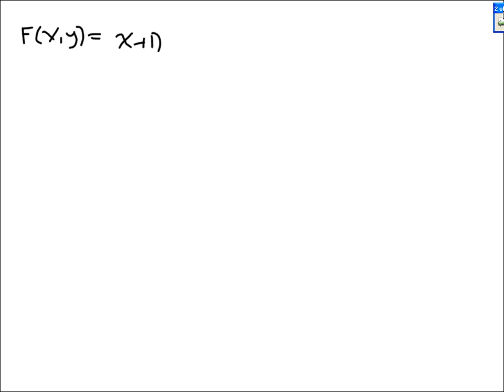Suppose you have this function. You want to find out the max or min. Well, remember, when you square something, you either get 0 or positive. And then you add them.